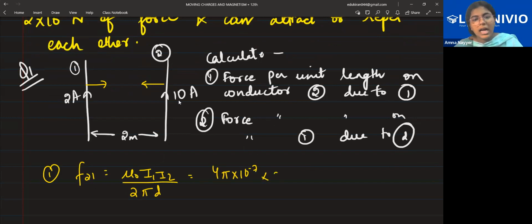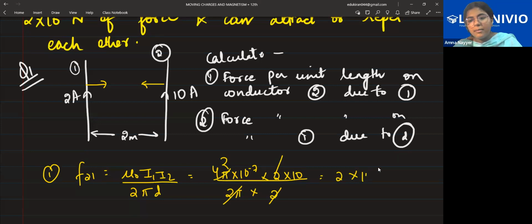I1 I2 is 10 divided by 2 pi. d is 2. So 2 cancelled. From here 2 is left. So it is 2 into 10 to the power minus 6. This 10 is also here now. Okay, so we are calculating on 2. So where is 2 moving? 2 is moving towards the negative I cap, means negative x-axis, this much newton.